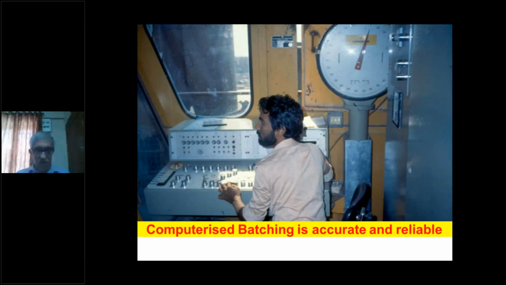One is the manual mode, where at every instant an ingredient goes in, the operator presses one button at a time. For example, if he is pressing for cement, the cement goes into the weighing hopper, then he presses the aggregate, metal 1, metal 2, sand, etc. One after another he has to press.